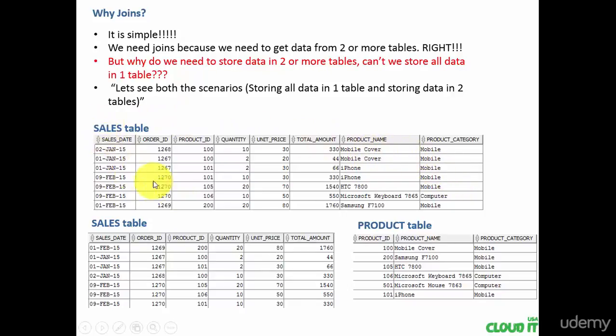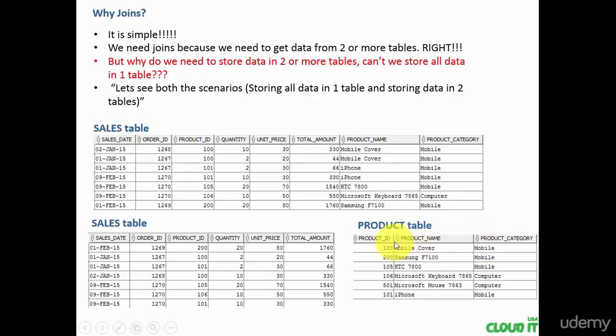If we split this entire table into two tables, let's create a sales table and a product table. In the sales table, let's put the columns sales date, order ID, product ID, quantity, unit price, total amount, and in the product table, product ID, product name and product category.